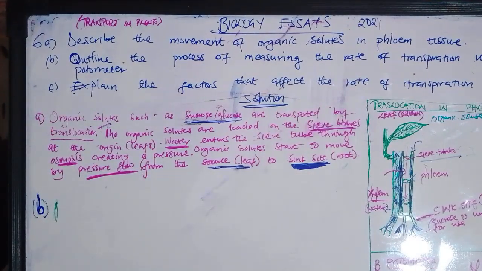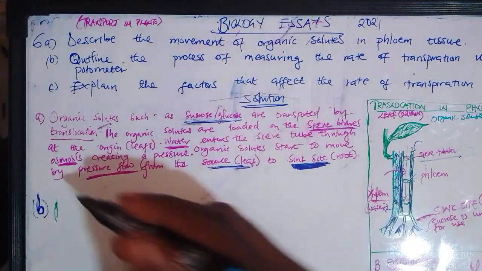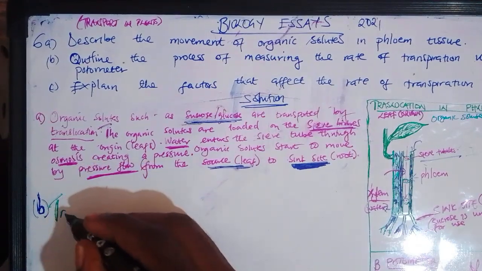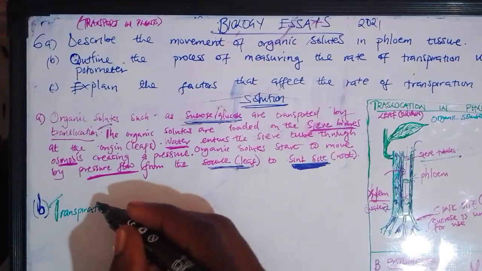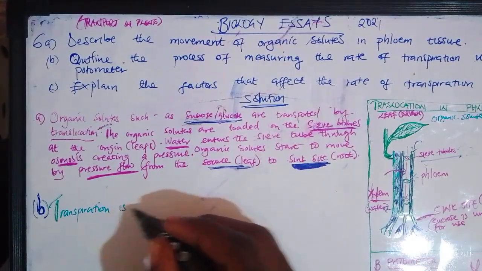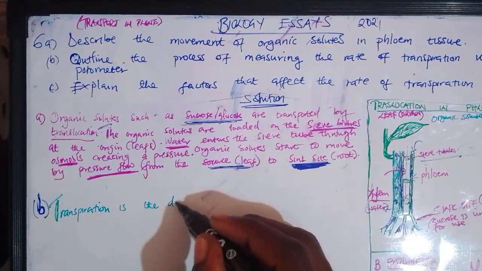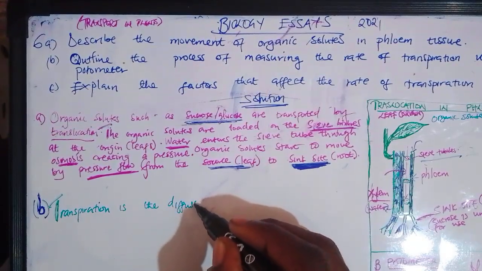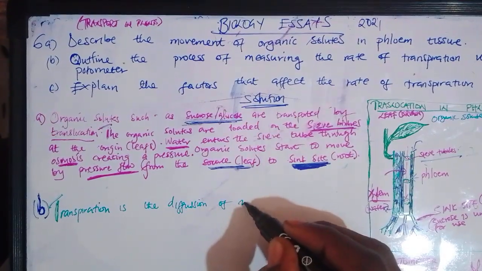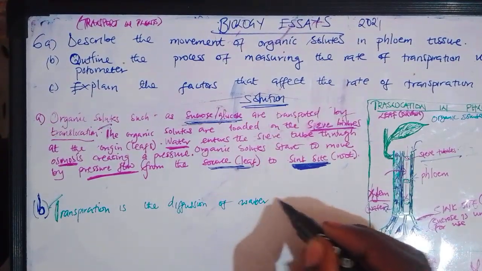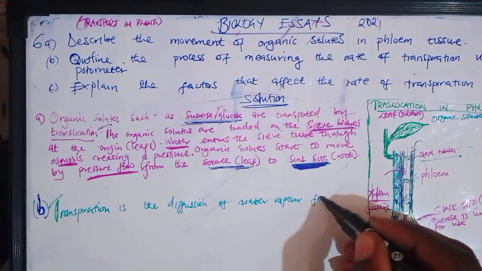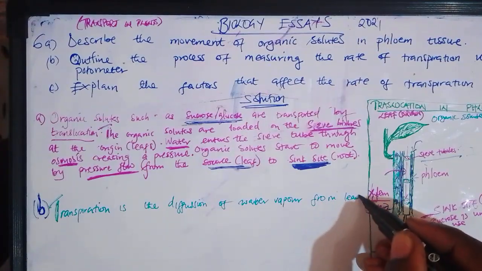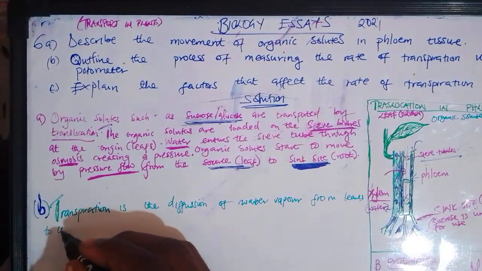Because you cannot talk about something without knowing what it is. So you say transpiration is the diffusion of water vapor from leaves to the atmosphere.